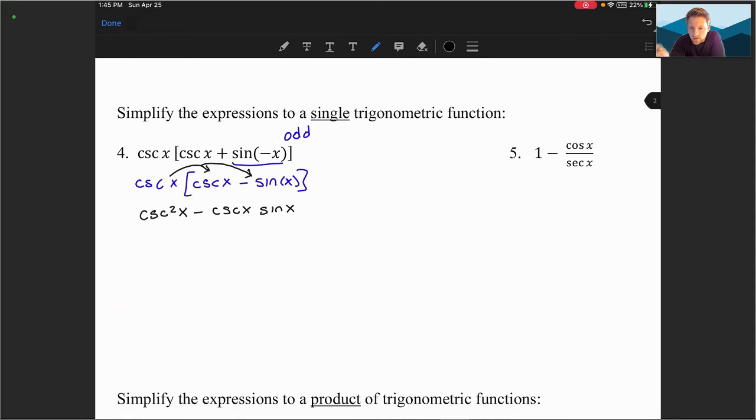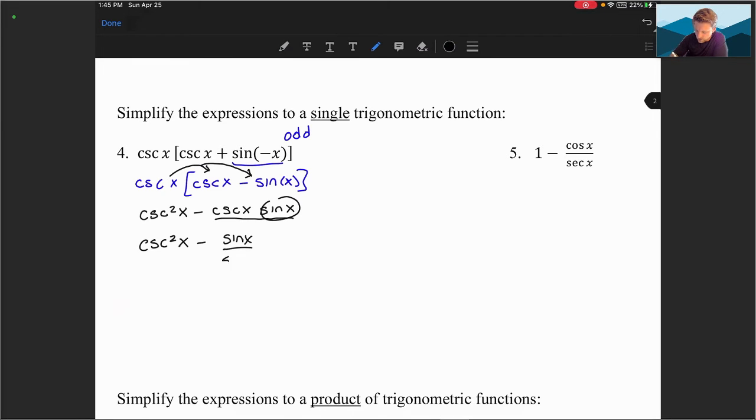One more thing we can see here is that the cosecant x times the sine x, these are actually reciprocals of each other. We could rewrite this as cosecant squared minus sine of x, and cosecant of x is really 1 over sine of x.